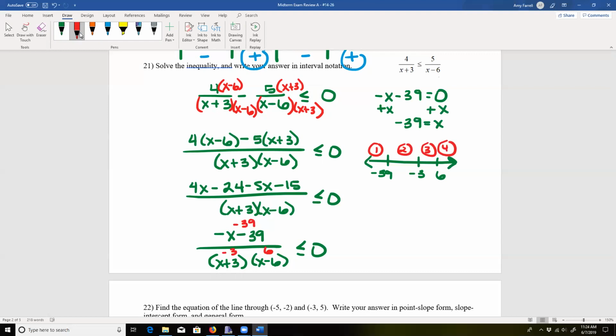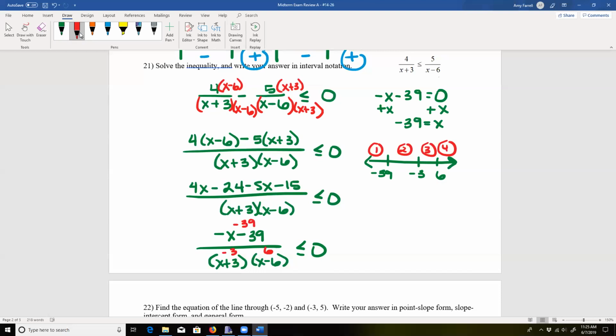Now there is something that occurs with this one that did not occur in number 20, and that is our symbol is a less than or equal to. And typically, when we have a little bar underneath our inequality symbol, we always use brackets. But when you have a denominator, like we do here, you cannot use brackets by the numbers that would result in division by 0.